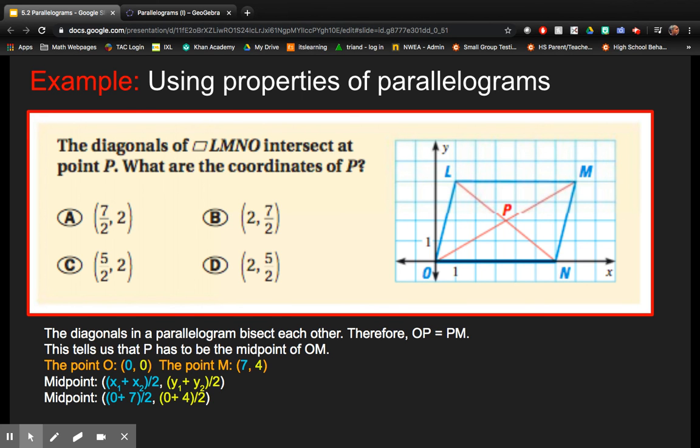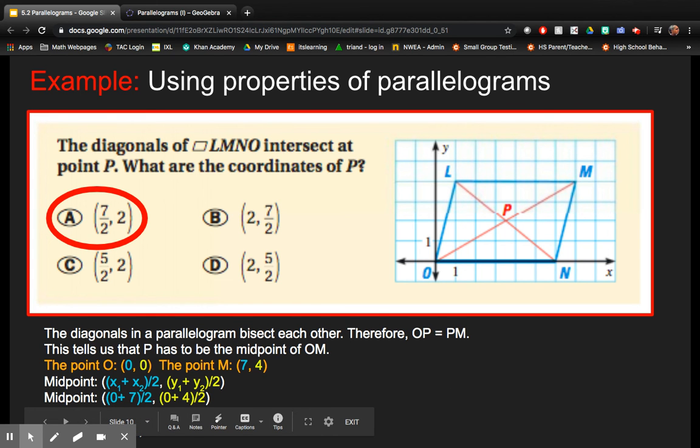So we'll just plug that in, giving us the midpoint as 7 halves and 4 halves, which simplifies to 7 halves and 2. When we simplify 7 halves, it's going to stay 7 halves. But when we simplify 4 halves, it's going to become 2. That means A is our answer.